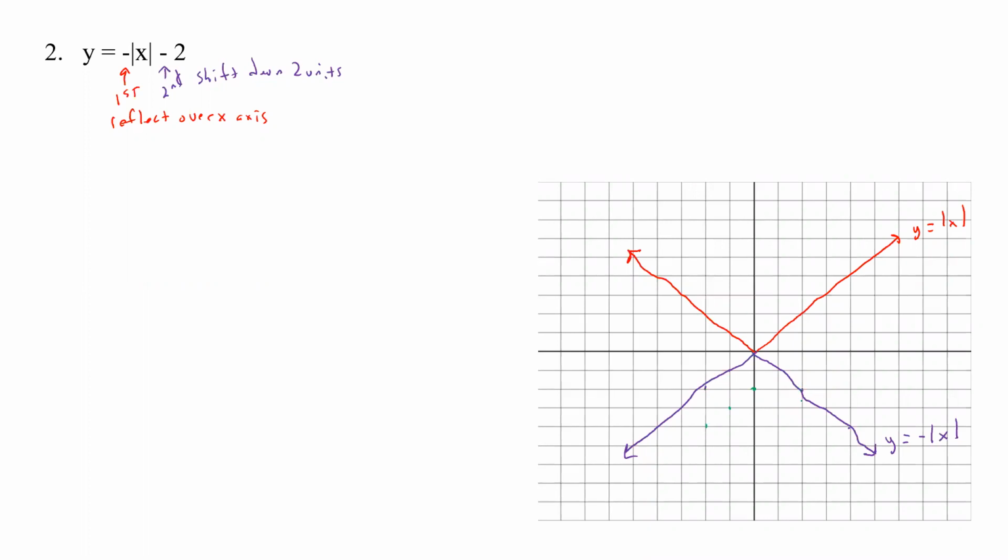Maybe we start over here and we shift down 1, 2, and 1, 2. And again, drawing straight lines is not my forte. And this gives us y equals negative absolute value of x minus 2. Okay. And so that's our final one. And so we basically are just showing all the different pieces we did to get to that final point. We had to do our reflection over the x-axis first, followed by our shift down.